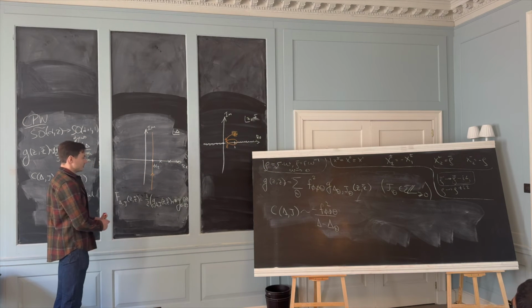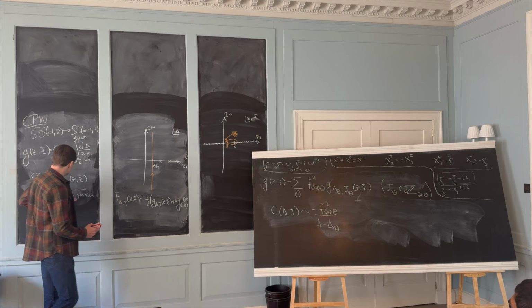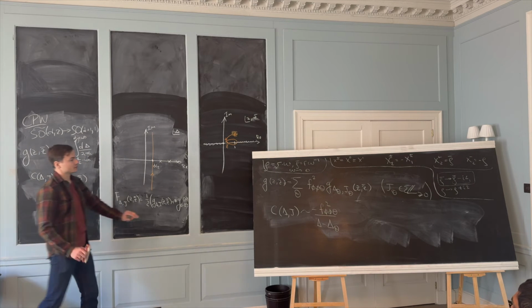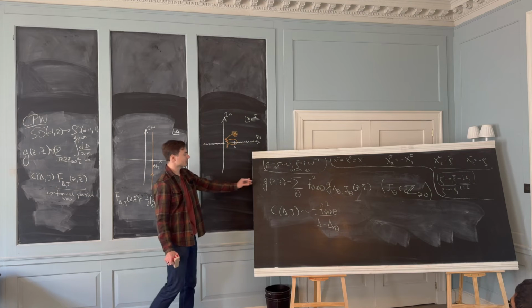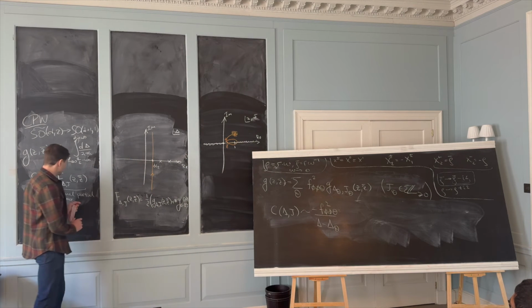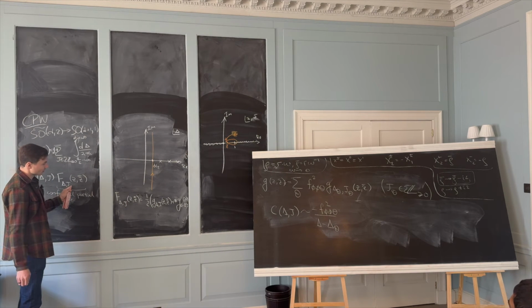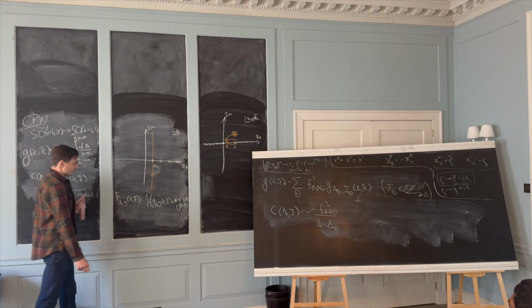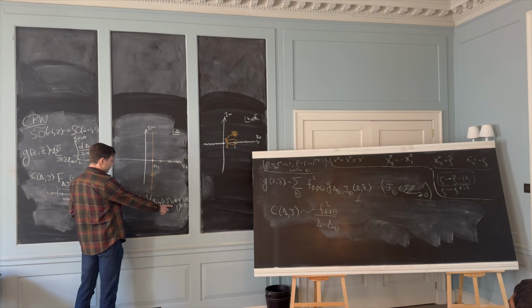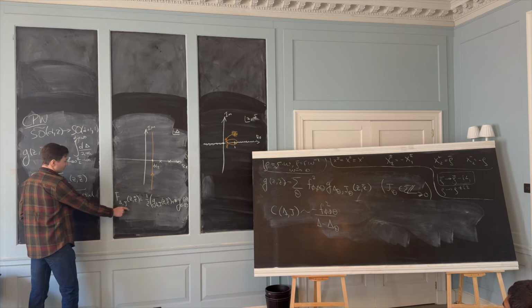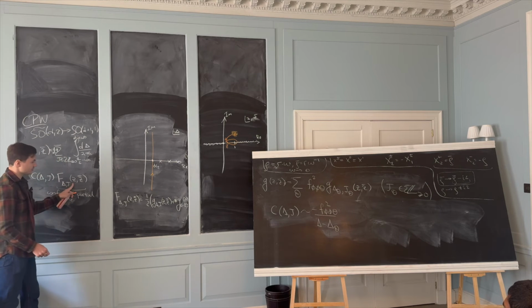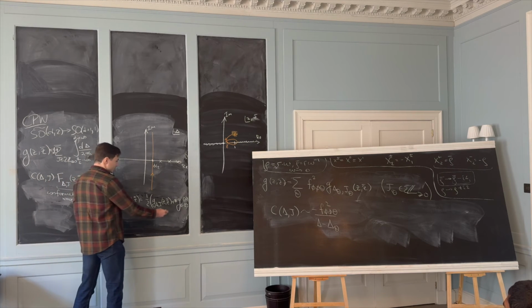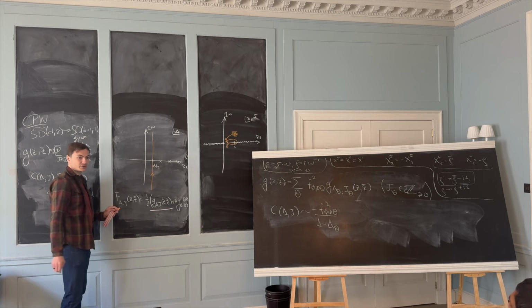And the relation between this integral and the sum over conformal blocks is that if you have this integral, you can take this expression for the conformal partial wave, plug it in here, and focus just on this term first.